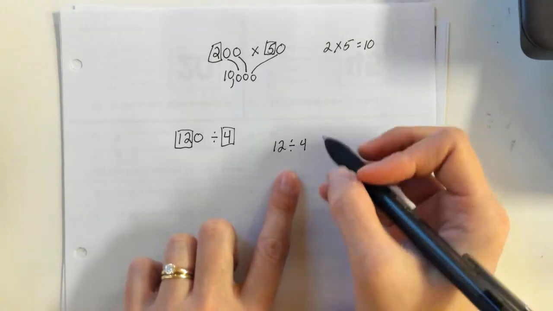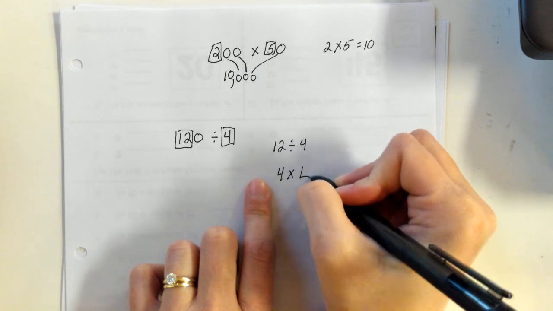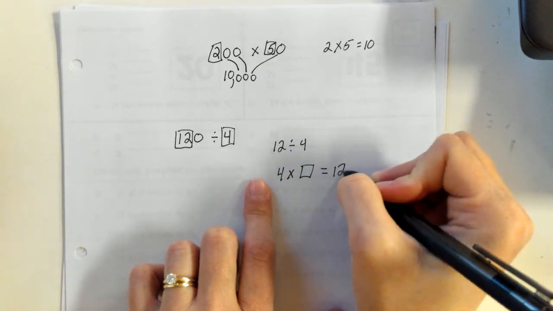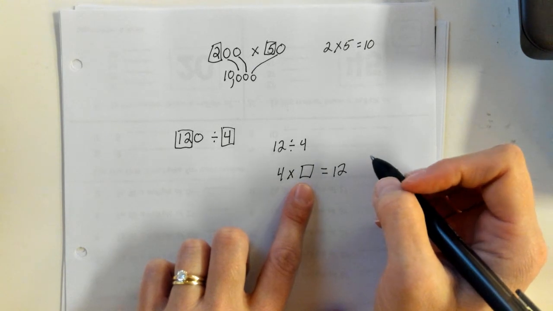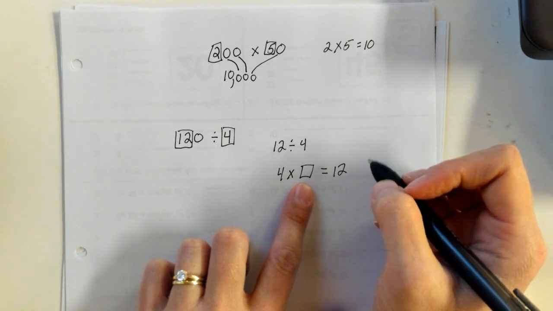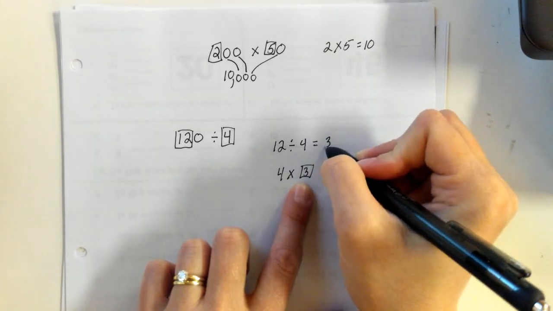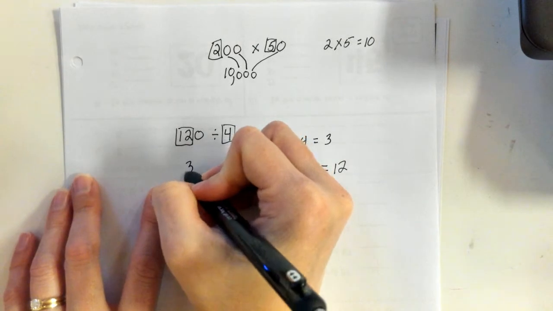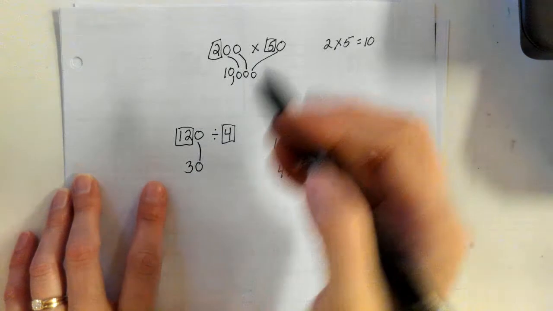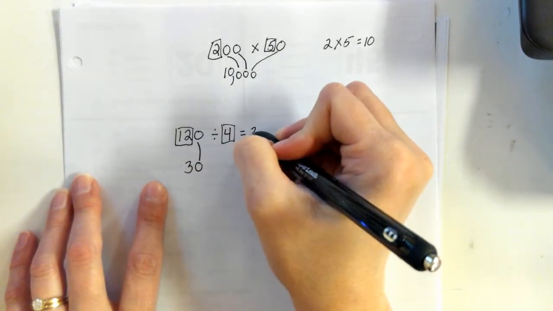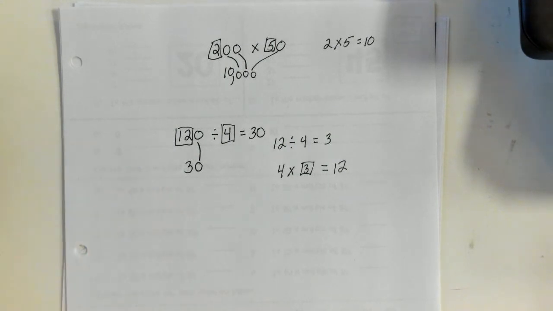So I can think of this problem as 4 times a mystery number equals 12. What do I multiply 4 times to get to 12? 3. So 12 divided by 4 is 3. So I'm going to write my answer here, and then I'm going to bring down my 0. So 120 divided by 4 is 30.